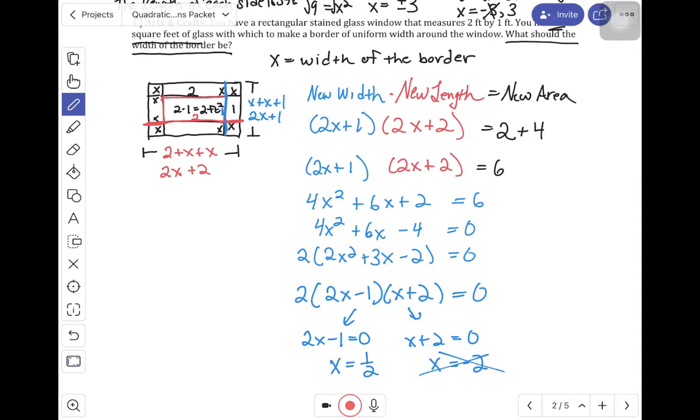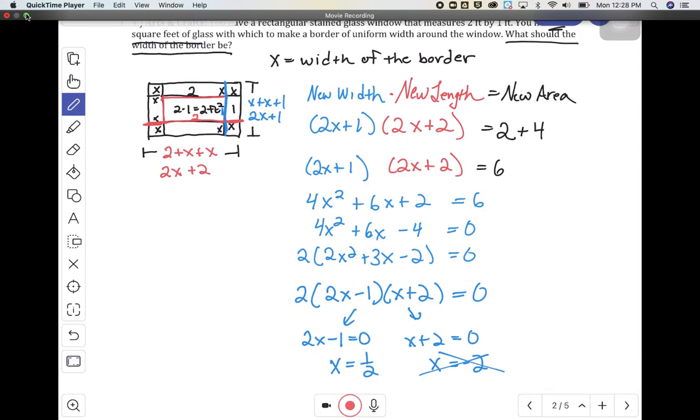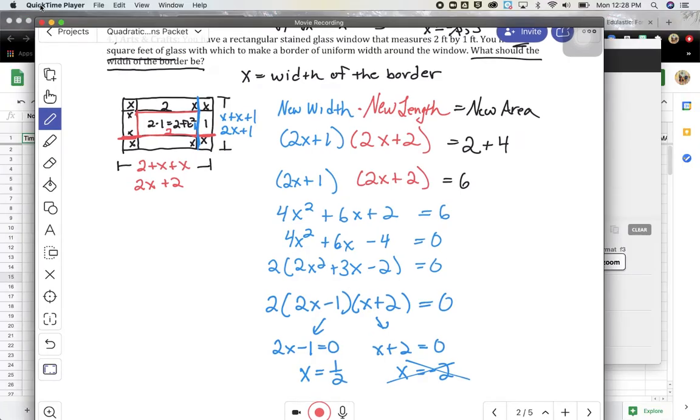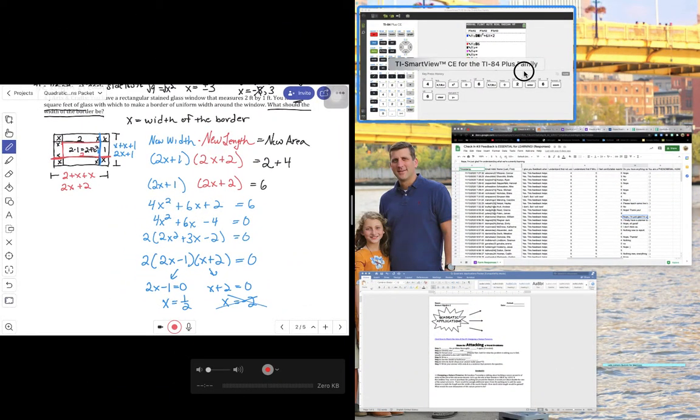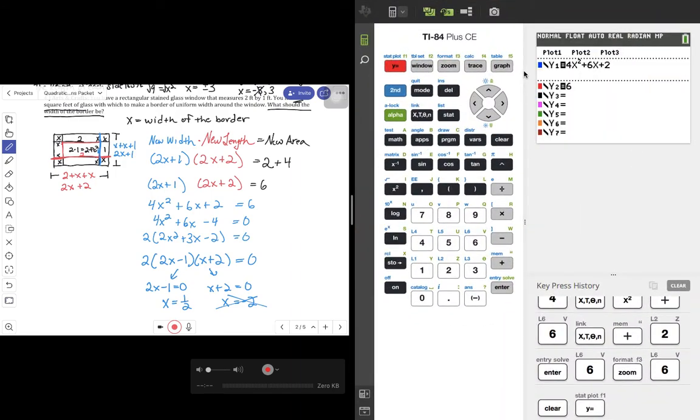What I wanted to take a quick opportunity to show you is just how you could verify this again on your calculator. So I am going to do that with you here for a moment. And what you're going to see on the right side of my screen is sort of a different approach.